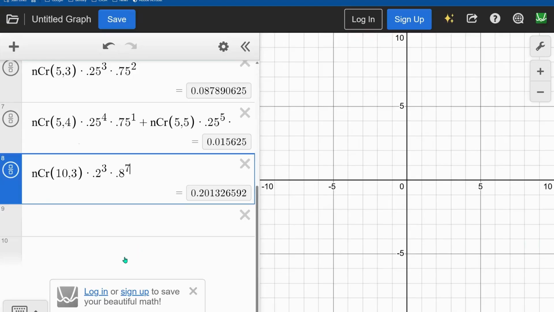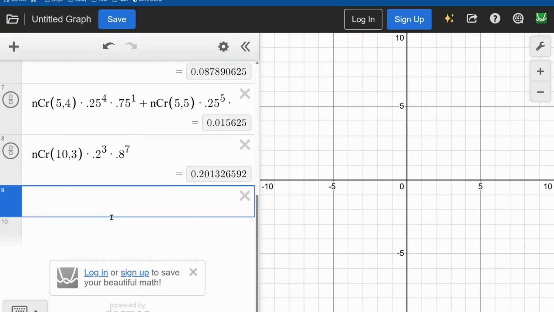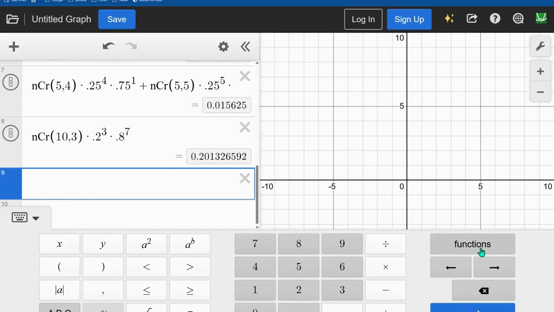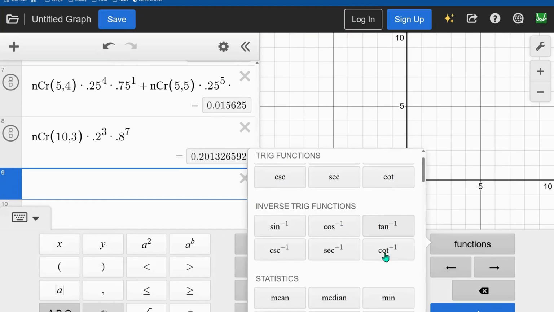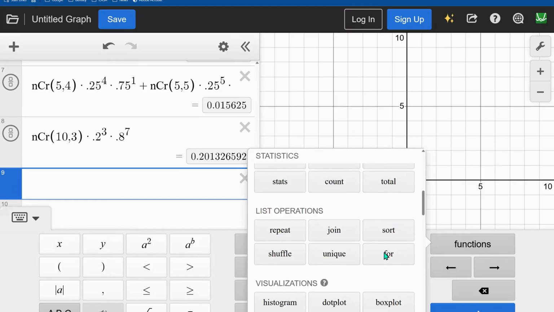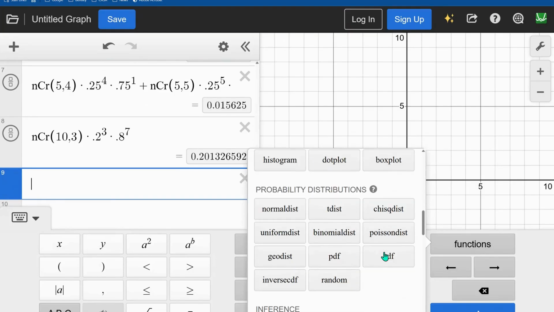First of all, there's a command under the functions area, way down in the distributions area, probability distributions. There's our normal distribution that we played around with, but here's binomial distribution. So we're going to choose that.